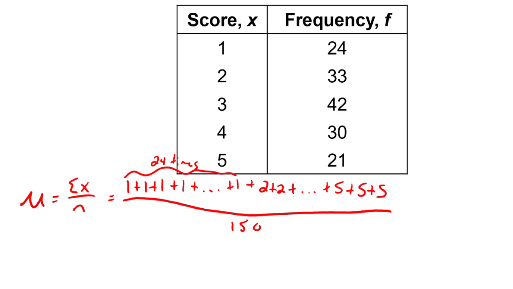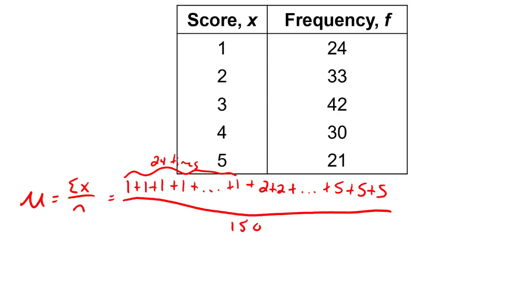And then plus 2 plus 2 plus 2 plus 2, 33 times. 3 plus 3 plus 3 plus 3, 42 times. So on all the way through that entire data set, until you had all 150 of the data values added together and then divide by 150. That's what you would have done, right?